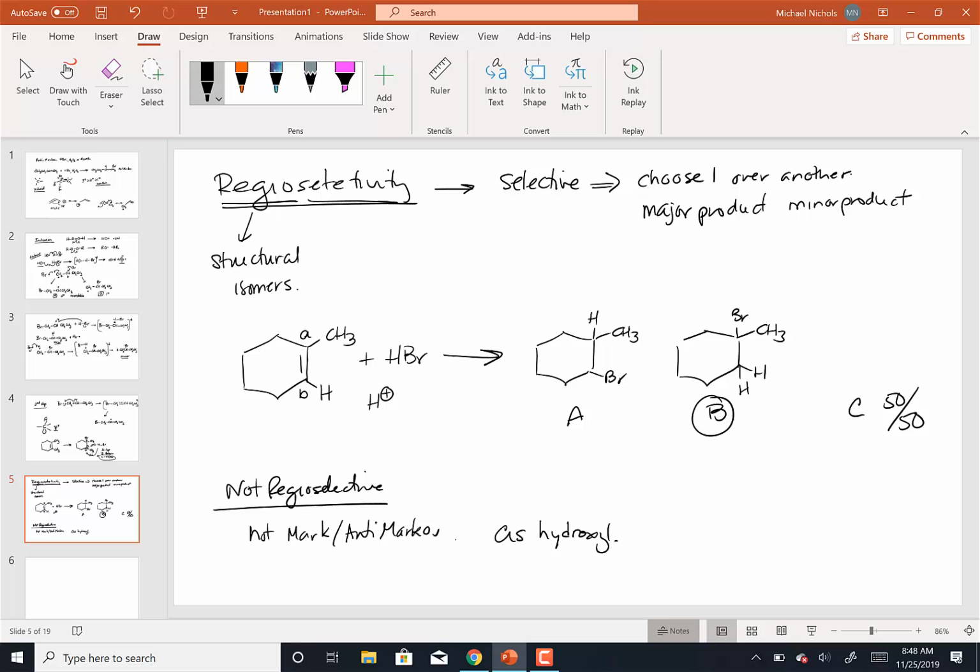The mercury was Markovnikov. But there's a time when it won't be, and we'll come back to that. But which reagents were not Markovnikov, anti-Markovnikov? Br2. What else?